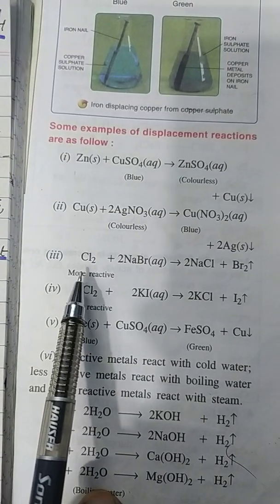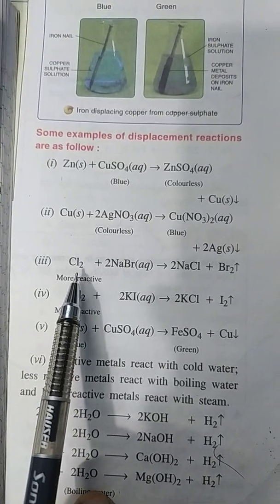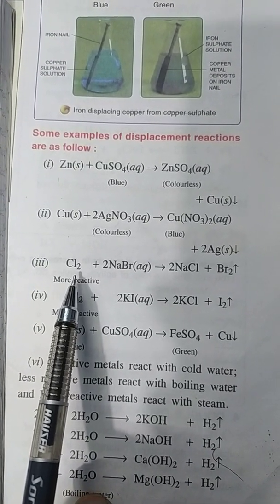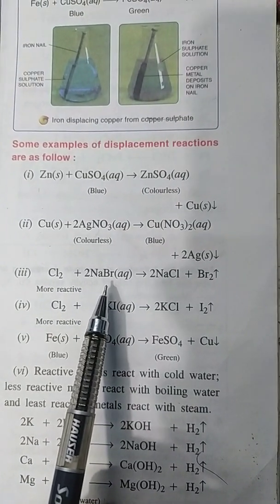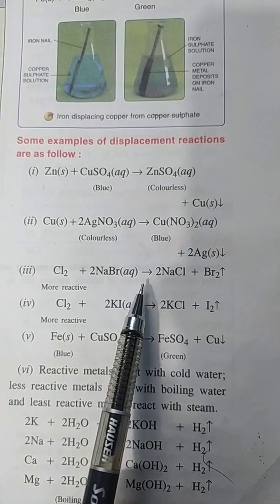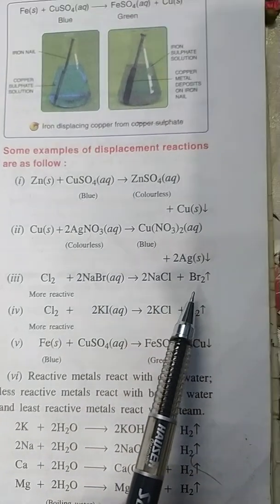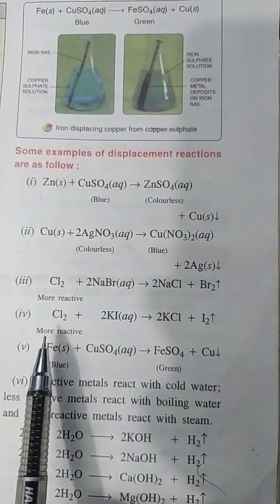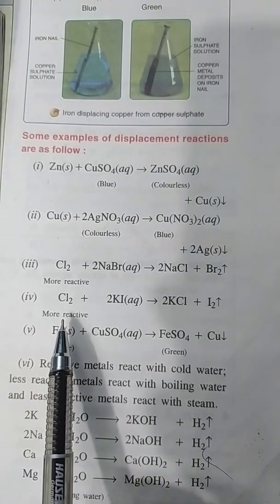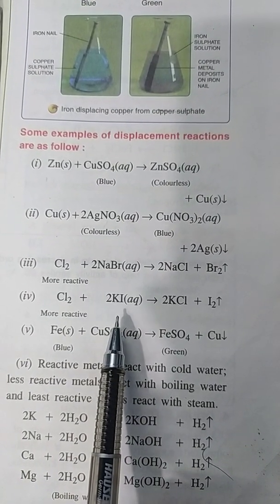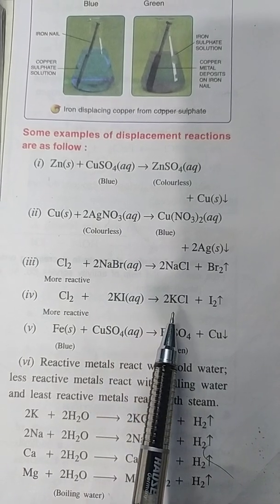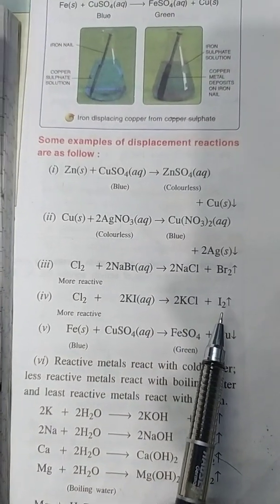Then we again see a non-metal here, chlorine, and this combines with sodium bromide to give sodium chloride and bromine gas. Then we see chlorine, which is more reactive, displaces iodine here and forms the compound potassium chloride and iodine.